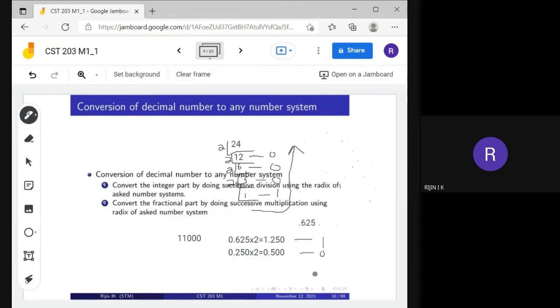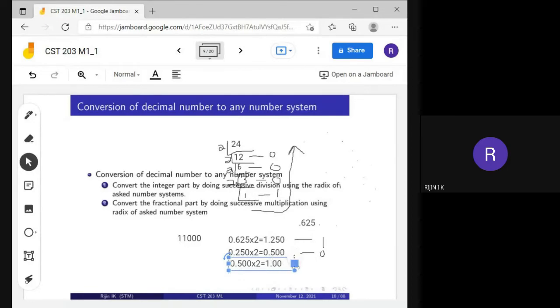Then again you need to multiply the fractional part obtained from the previous multiplication. So 0.500 into 2. What is the result? It is 1.00.